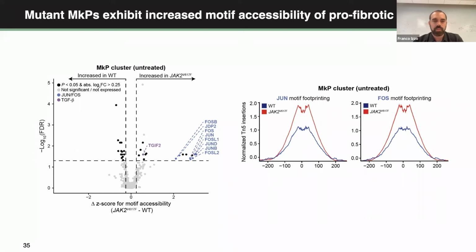And we saw this through increased footprinting as well. In addition to this, we show an increase of TGFB1, which is a member of the TGF-beta signaling, which has been associated with the profibrotic activity of MKPs.